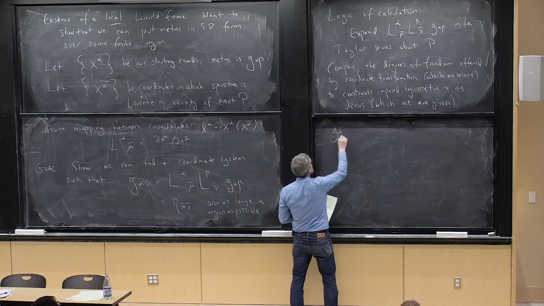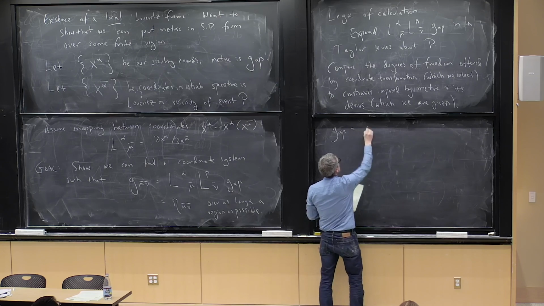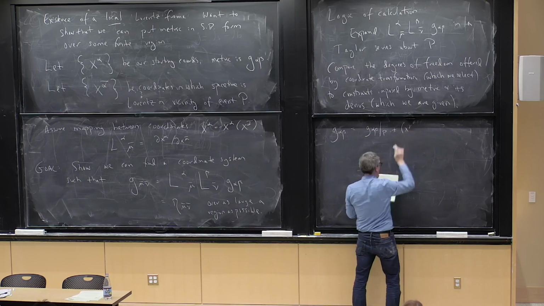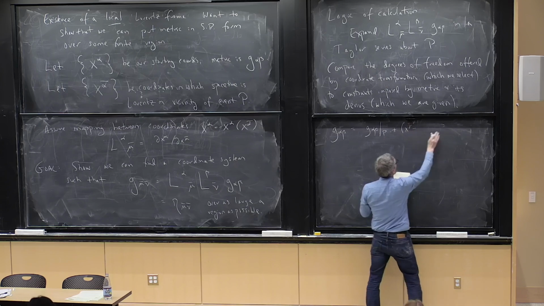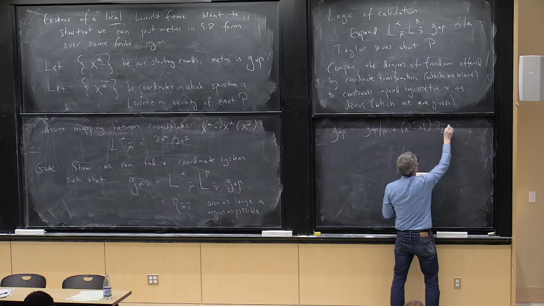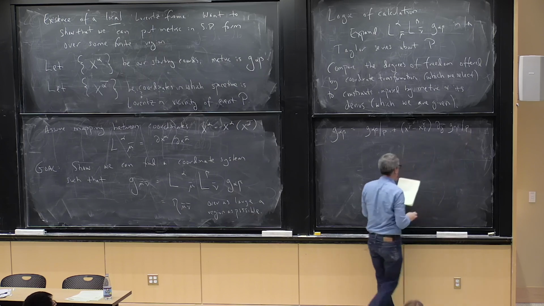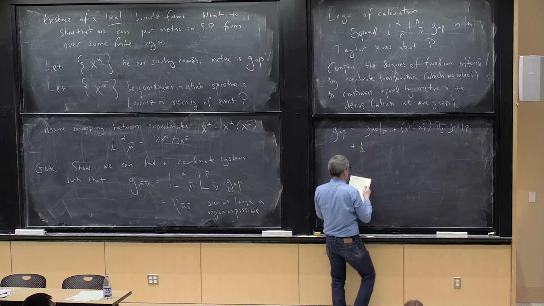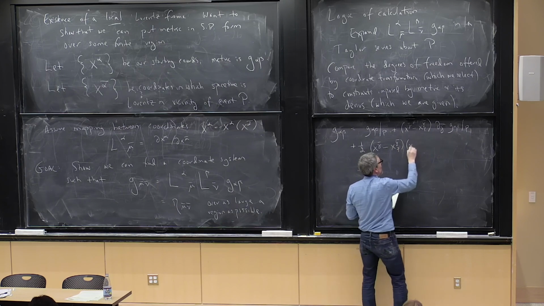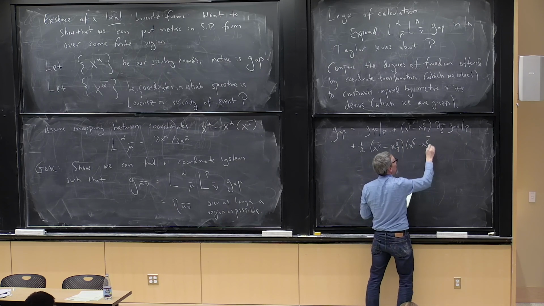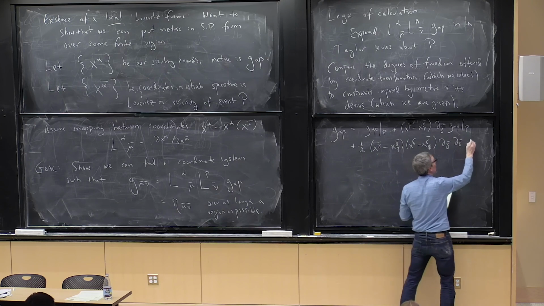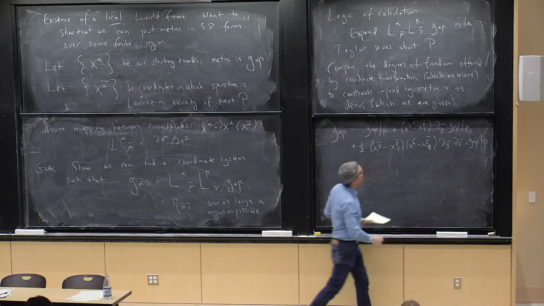So I'm going to write g alpha beta as g alpha beta at the point P plus x gamma, and you know what, let's do the expansion in the barred coordinate, minus x gamma bar at the point P times the derivative at point P. And then I'm going to get something that involves a complicated form of x squared and second derivatives.